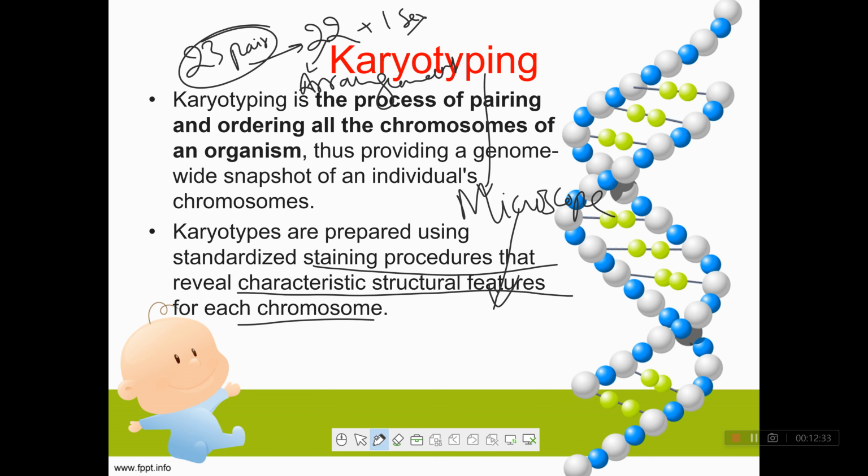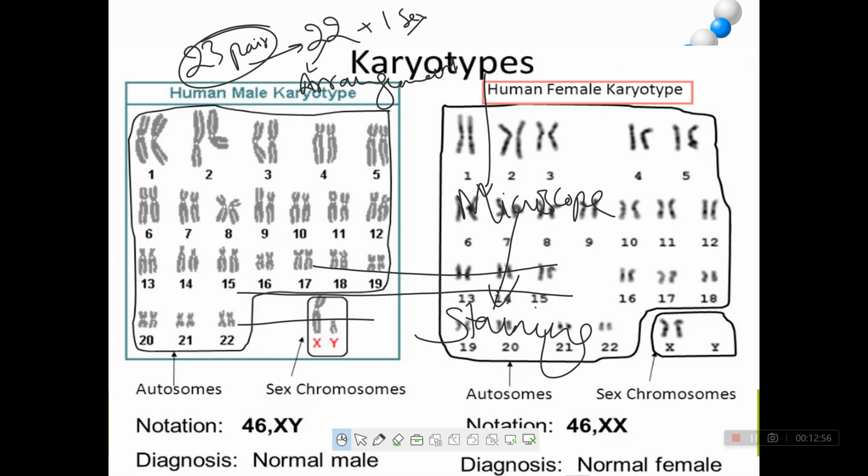We can identify the chromosomes after the process of staining, right? There are different types of staining: silver staining, Giemsa staining. We can stain the chromosomes and identify them in the process of karyotyping, right?